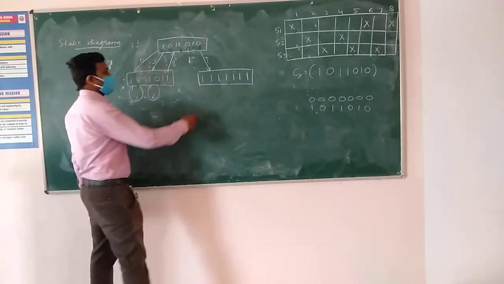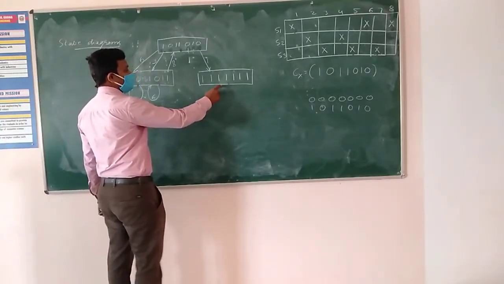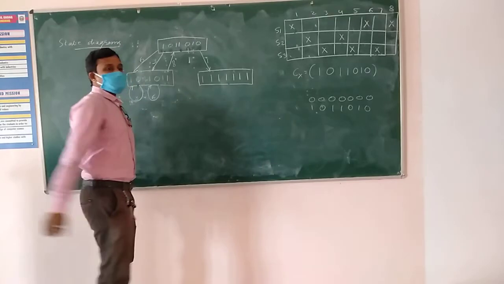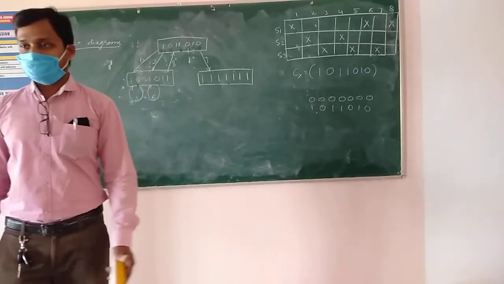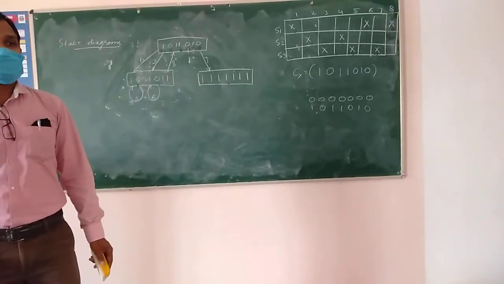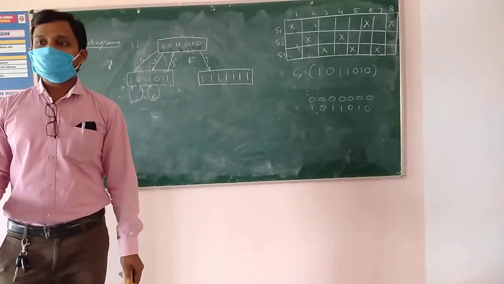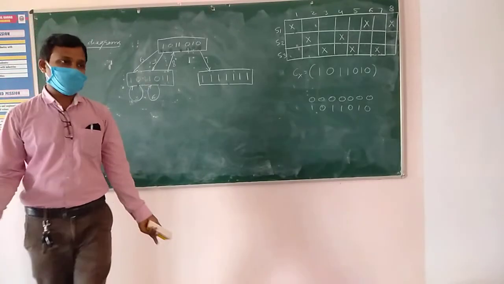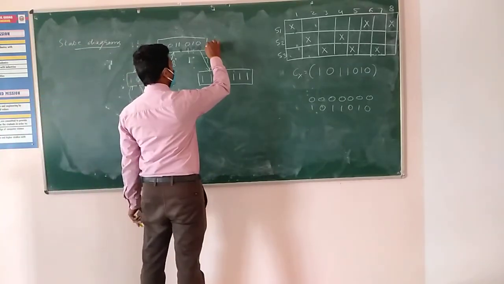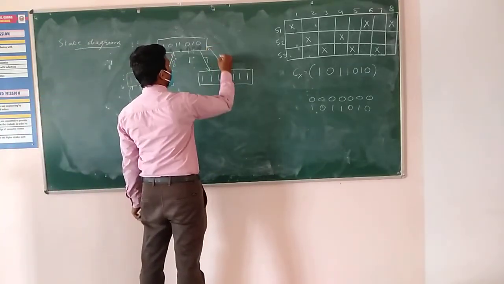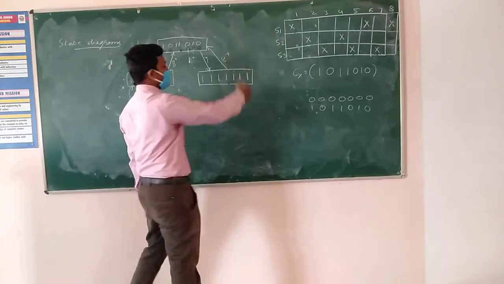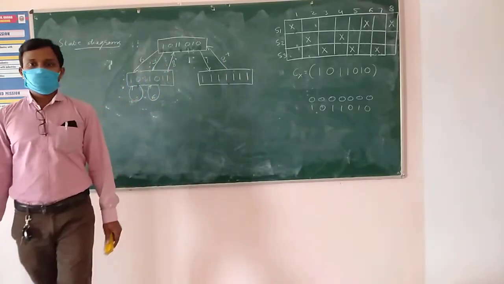Similarly, from here till the 7th right shift, there is no transition. At 8, there is a transition to which state? Initial state. So, indicated with 8 plus. Done?